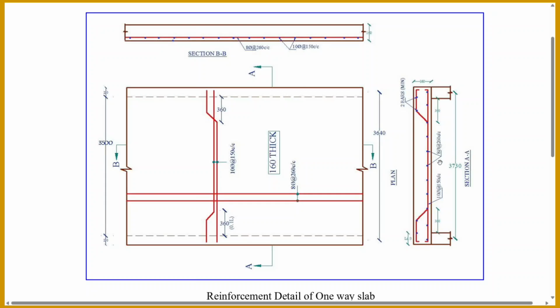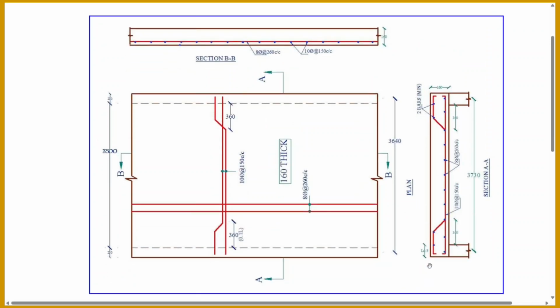And if you see in this, the distribution bar is on the upper side, and the main bar is at the bottom side. And extra top length we will provide as LD by 3, means L by 3. This is the L, and you have to divide by 3. This is your dimension of that particular slab.